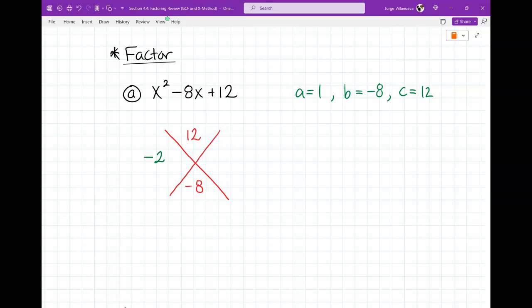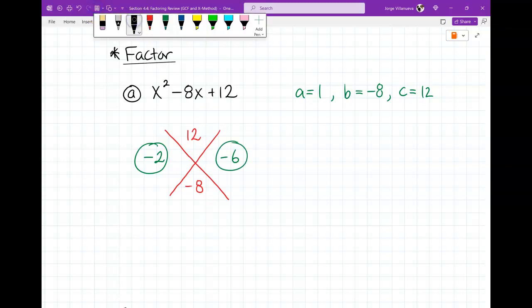Oh, -2 and -6. -2 times -6 is +12. That's good. -2 plus -6 is -8. Perfect. Do I have to divide? No, A is equal to 1. I don't have to divide. These are my factors.